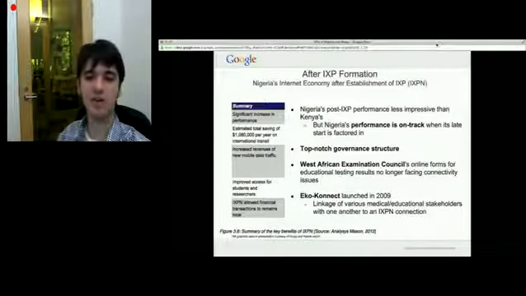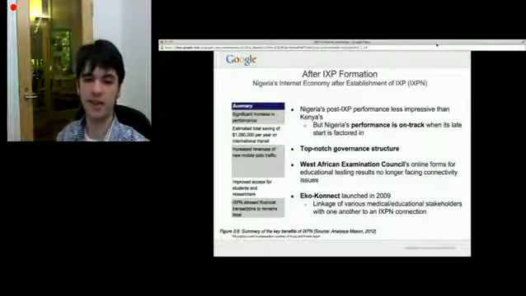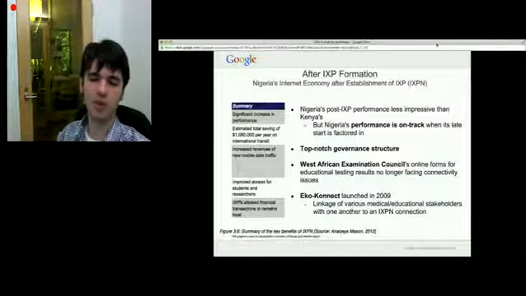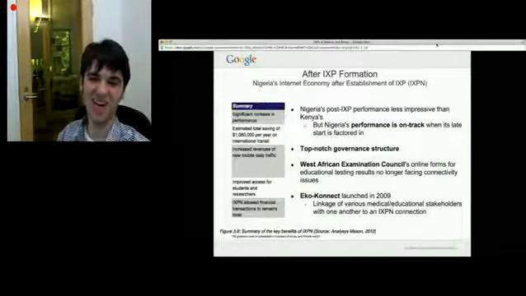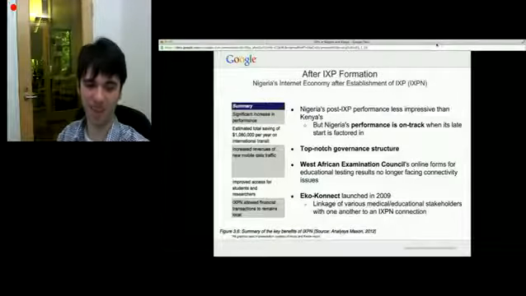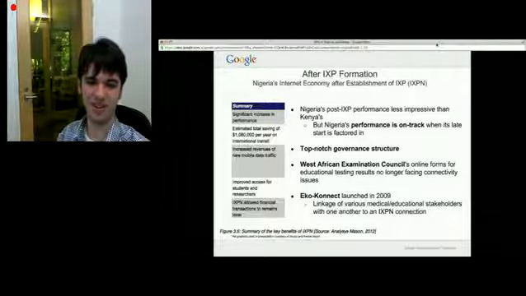And you've seen some real tangible effects. In the past, for instance, students would have to wait for traffic to take care of itself before seeing results, to complete online forms and for educational testing results in the West African Examination Council's education systems.